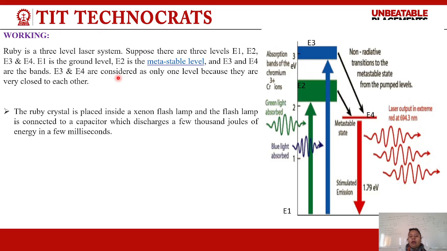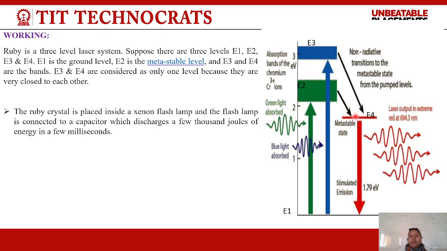What are the levels? One is the ground state, which is known as E1. Another is an excited state, known as E2. Next excited state is known as E3. And one more state, which is not an excited state but a metastable state, depicted here by E4.